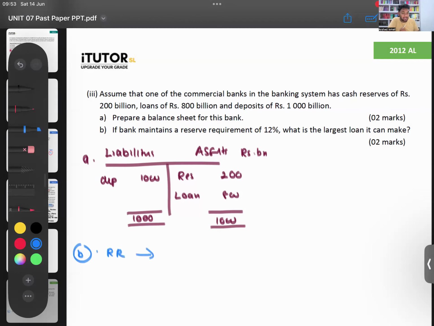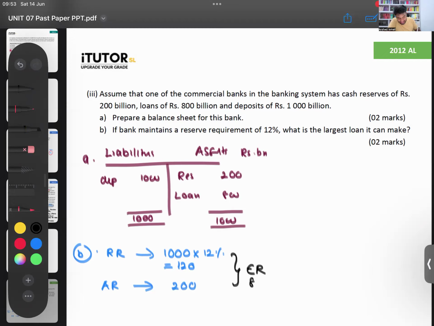From this 1,000, they have to keep 1,000 into 12 over 100. They have to keep only 120. How much have they kept as actual reserves? Based on the balance sheet, they have kept 200. That means how much do they have in excess? They have 80 excess.